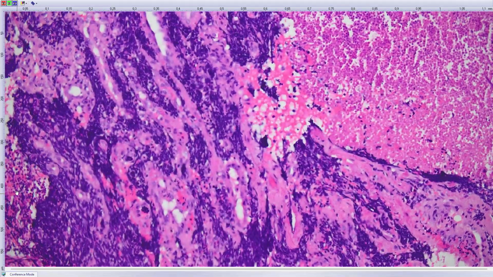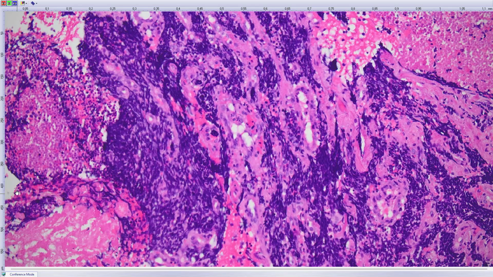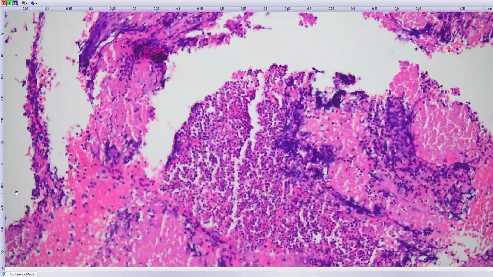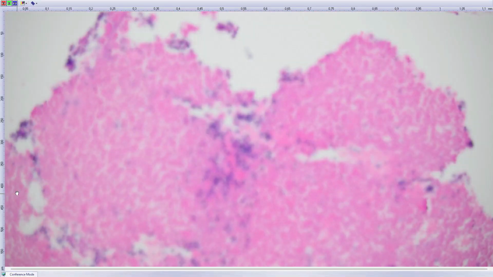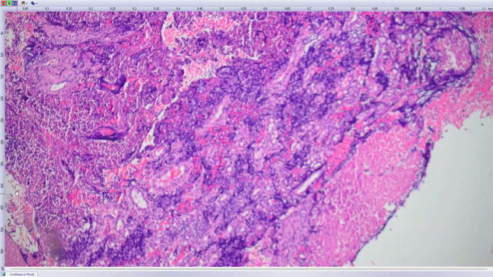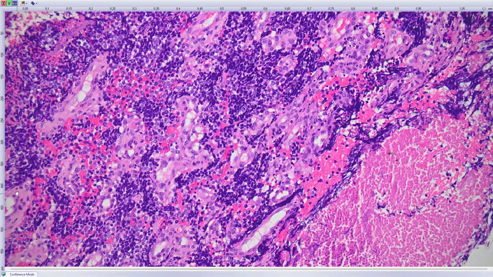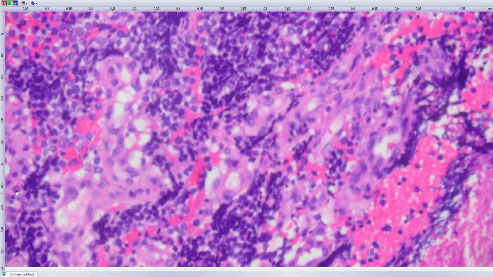It's this largely necrotic tumor with heavy crush induced changes. These artifacts, and you should look into the better preserved areas to see the cytology.